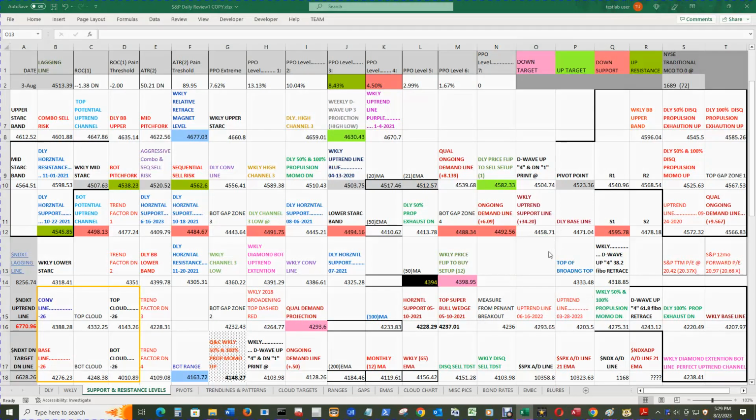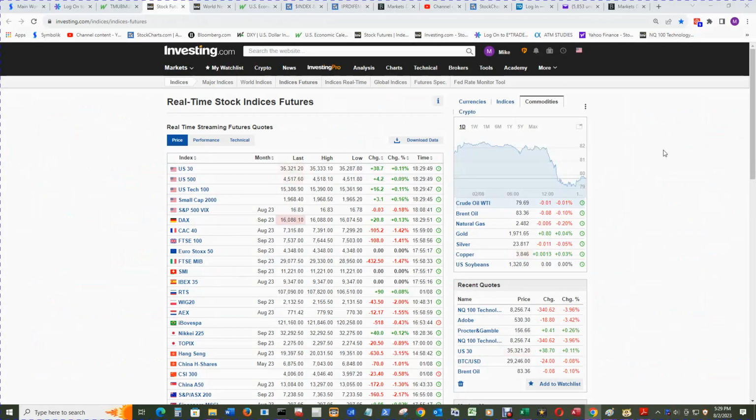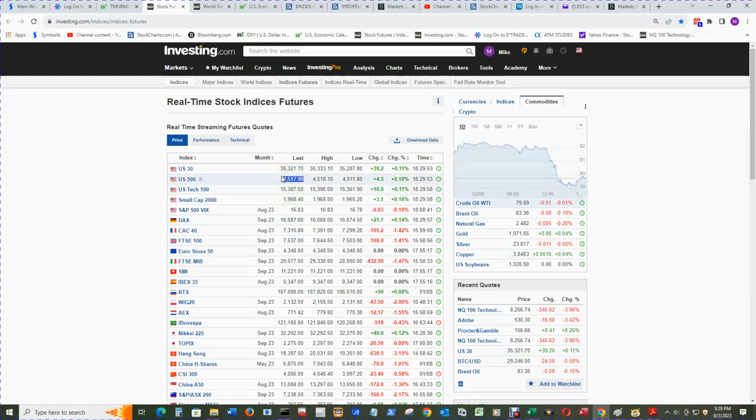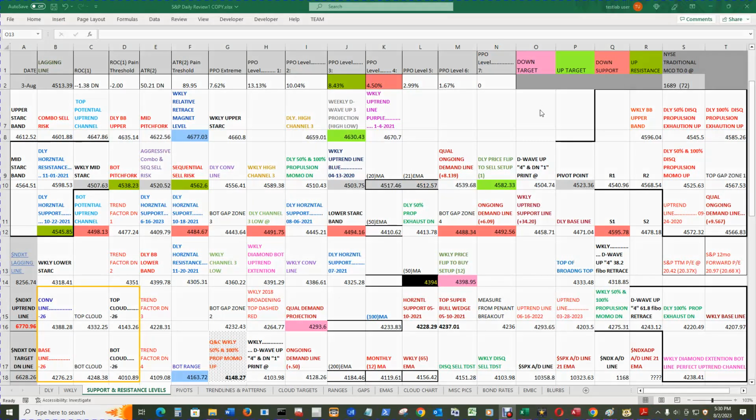The S&P 500 support and resistance levels big board chart shows the gray areas at the pivot point, 21 EMA, 20 simple moving average, aggressive combo and sequential sell risk, and the weekly middle Stark band. And S&P price in the aftermarket hours on the 2nd at 5:29 p.m. Central Time is 45.18.